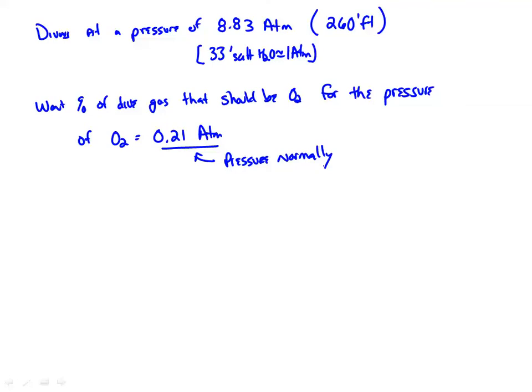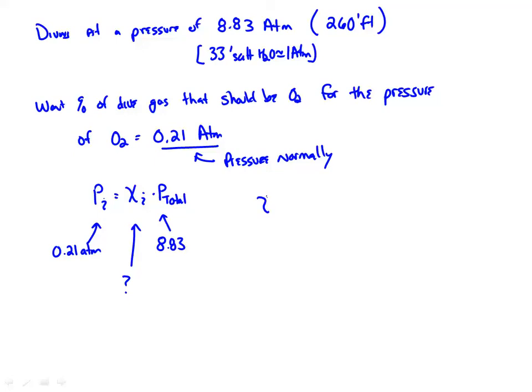So we can use that formula, which is basically that the pressure of any component is equal to the mole fraction of that component times the pressure total. And so we know that the total pressure at that depth is 8.83 atmospheres. We know we want the pressure of our oxygen to be 0.21 atmospheres. And so we simply solve for chi.